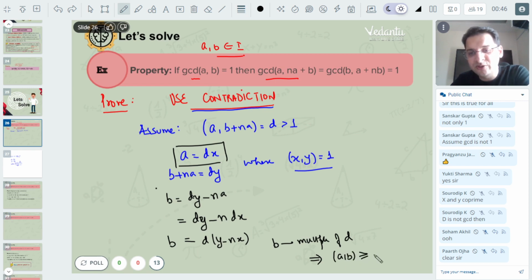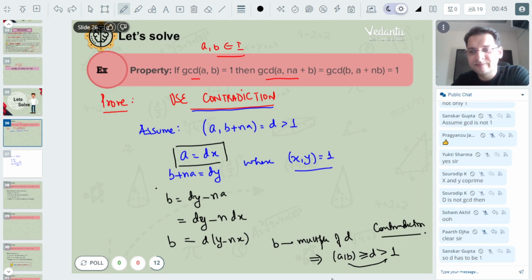It is greater than or equal to D. Minimum it is going to be D because D already has been taken out common, which is clearly greater than 1. So GCD of A, B is greater than 1, which is a contradiction. So D has to be 1. If A and B are co-prime, then A and B plus NA have to be co-prime. Very important.